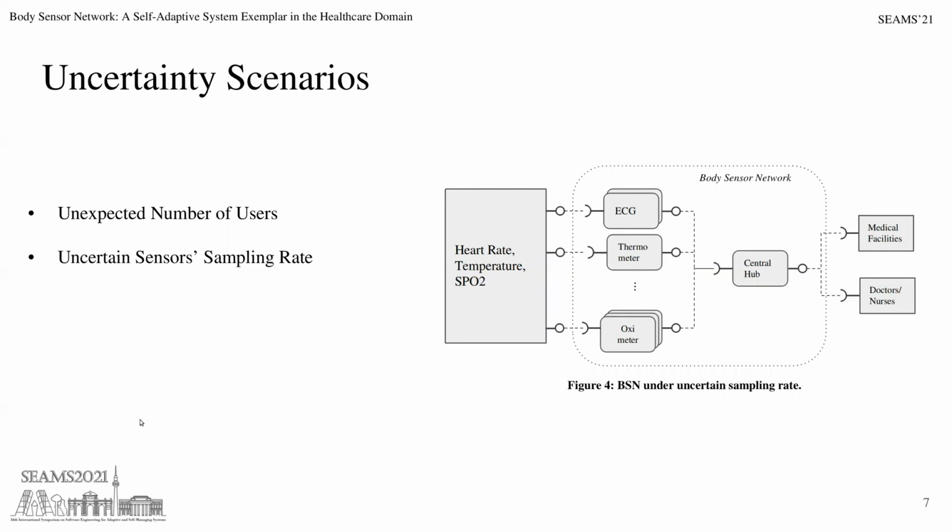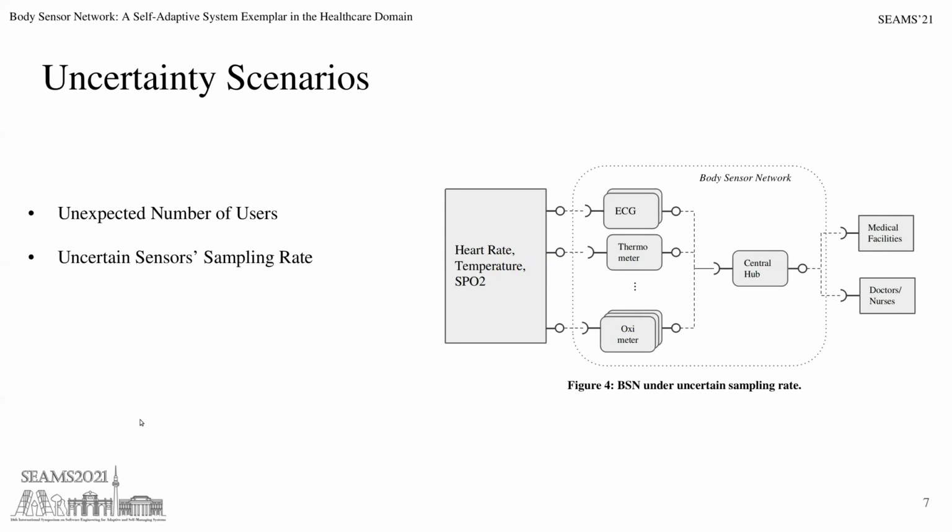Another type of uncertainty is the uncertain sampling rates. This scenario can emerge when distinct patient profiles or unexpected diseases are affecting the patients. This demands that more or less data is collected in a fixed time period.